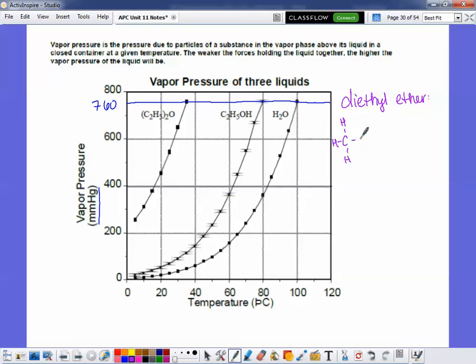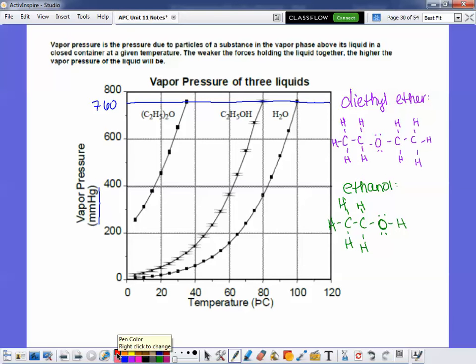Now we have some hydrogens with carbon. There's diethyl ether. We've got ethanol, which looks like this. And then I'll draw water, even though you should know what this looks like, but I'm on a roll.